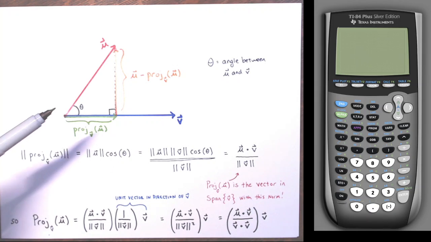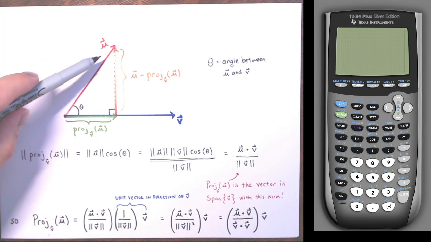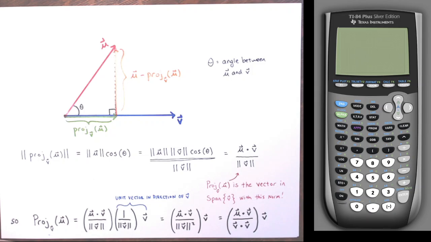Alright, and what you can see from this right triangle, remember the cosine of an angle in a right triangle, and here in my picture this is definitely an acute angle, is the length of the side adjacent divided by the length of the hypotenuse.